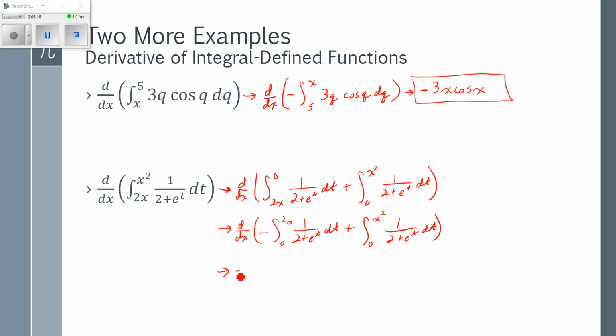So I have my negative sign. The 2x replaces the dummy variable, but then times the derivative of 2x. My plus sign. Derivative cancels the integral, so x squared takes the spot of the dummy variable times the derivative of x squared. And there is my derivative.